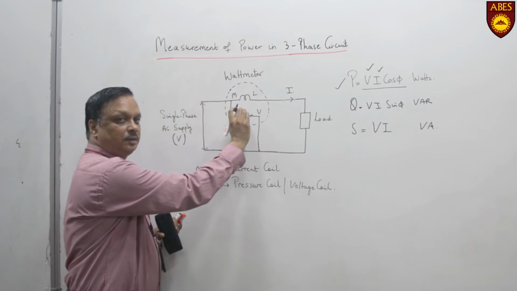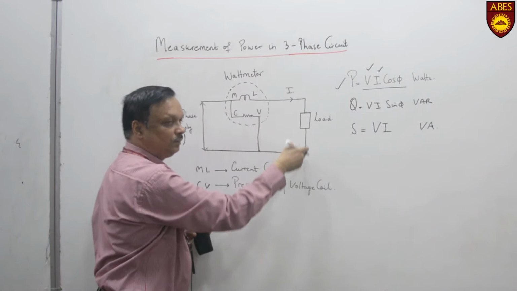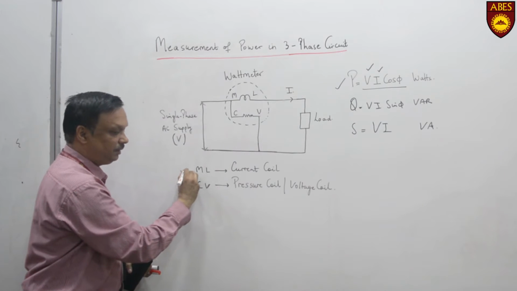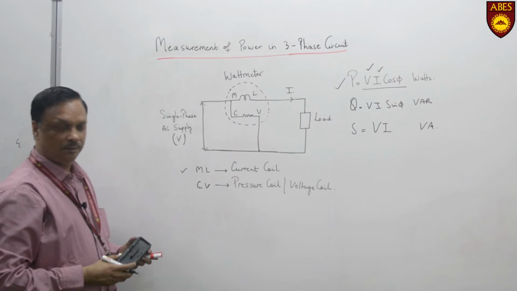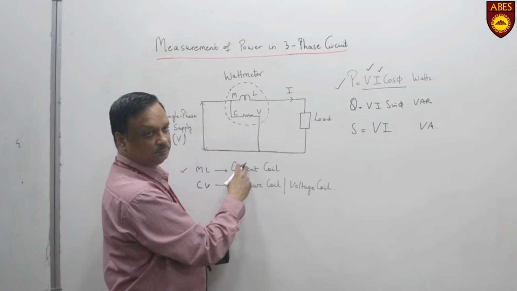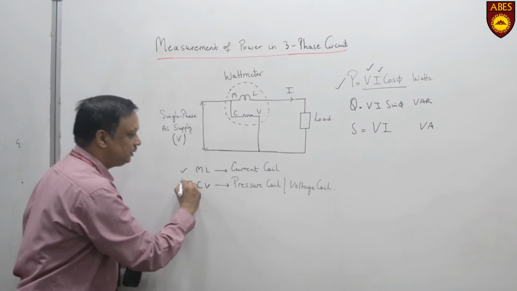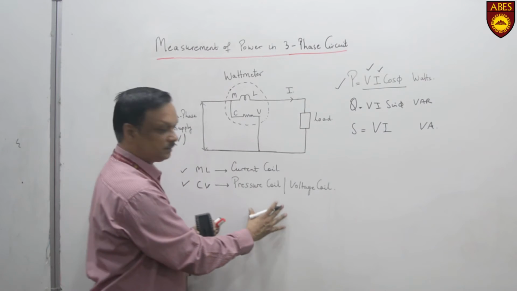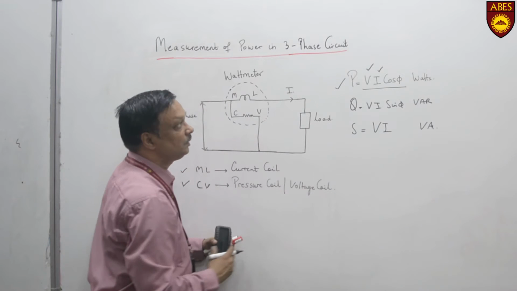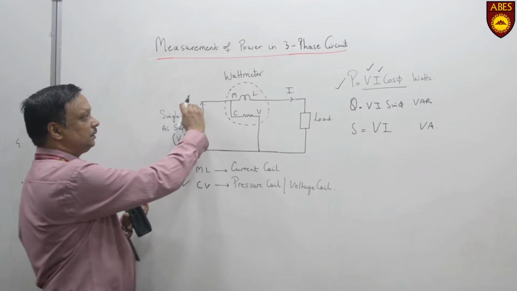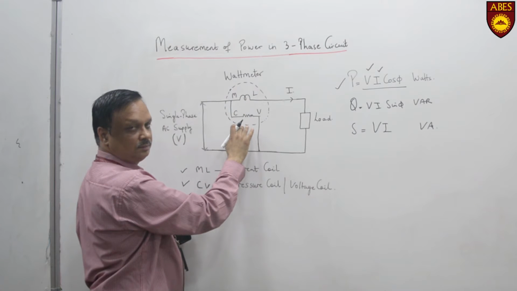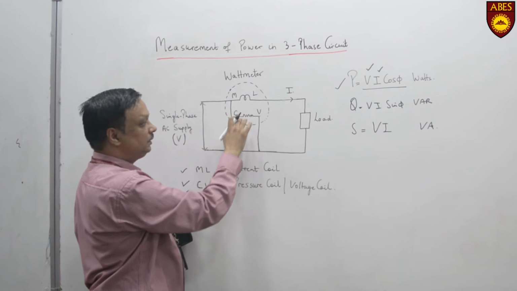The coil in series with the load will measure the current, and that is represented by M and L. Since voltage is measured in parallel with the load, it is represented by C and V, that is the pressure coil, also known as voltage coil. So the wattmeter measures the power across these two coils, one inductive, the other resistive.